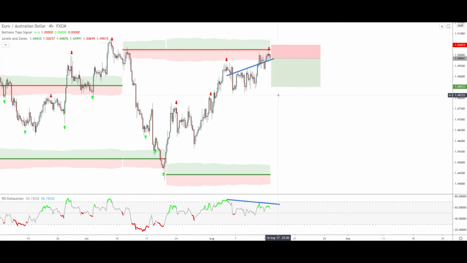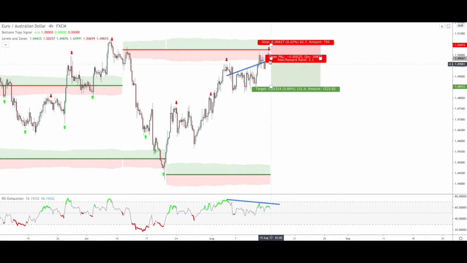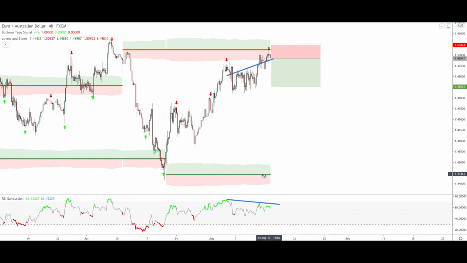Regarding the target, this is going to be tricky, because of course I'd like to see the price come down all the way to this support down here, because this is a major support. But the point is that we have quite some structure back here.